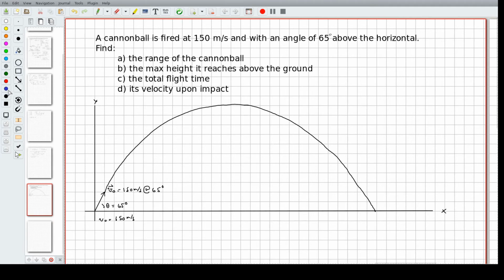I'm going to pat myself on the back for that one. Now, this right here is what's meant by range. It's actually a ballistics term. It means the total distance along the ground that something travels. And in this case, the ground is the x-axis. So this distance right here is the range. And conventionally, we actually use the letter R for range.